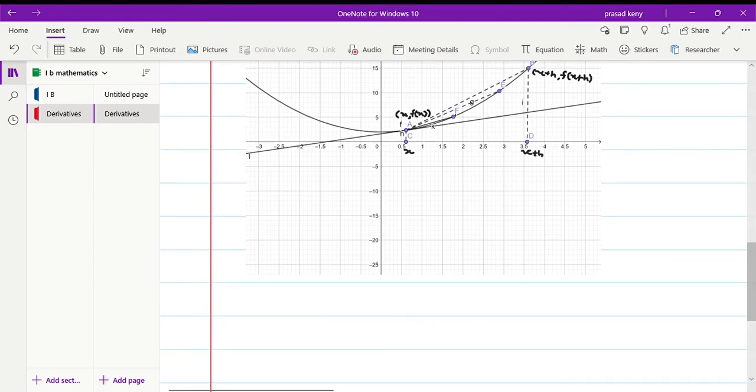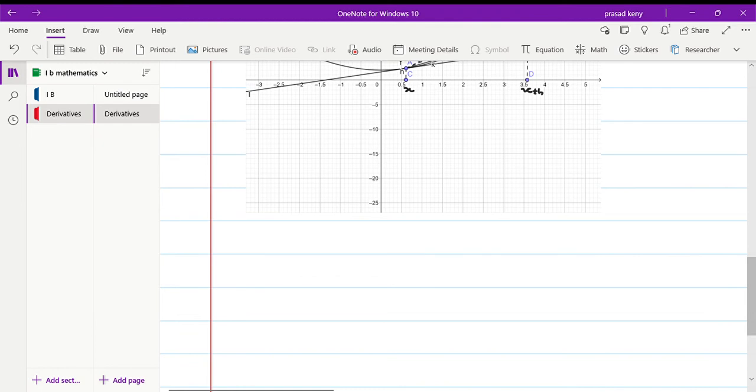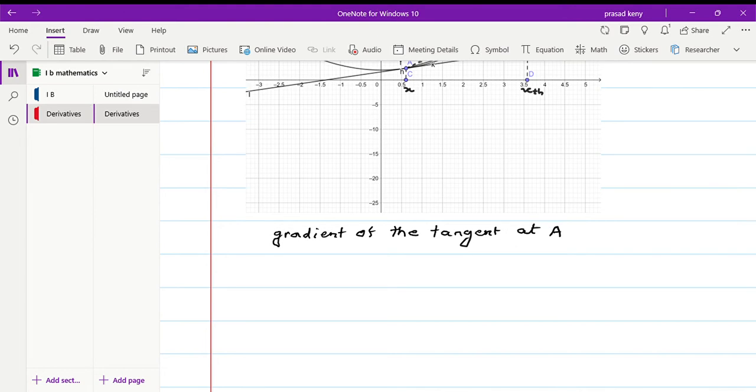So I will say that the gradient of the tangent at A, I'll call this the limiting case. Limiting case is written like this.